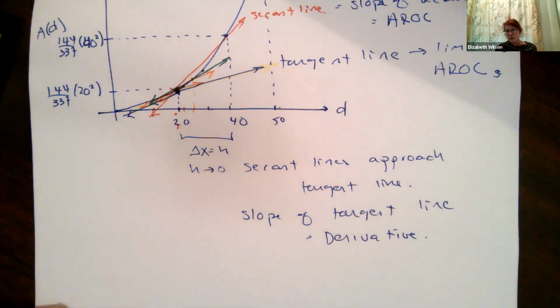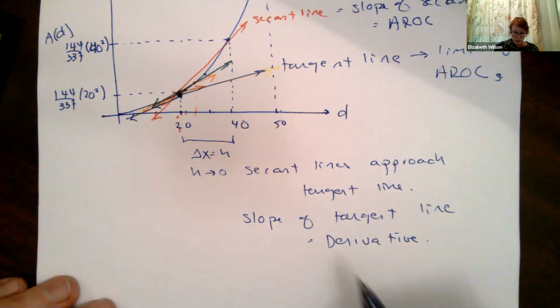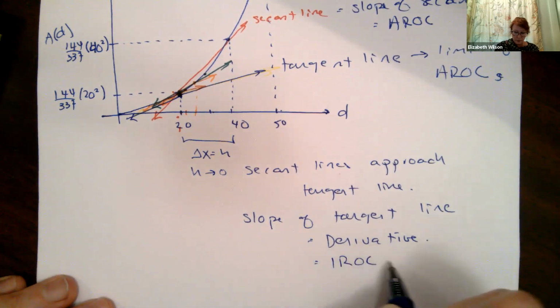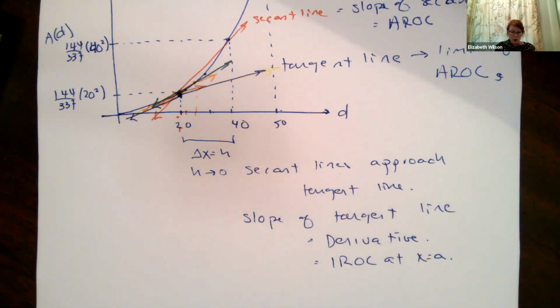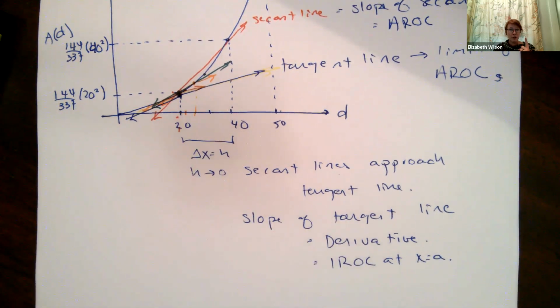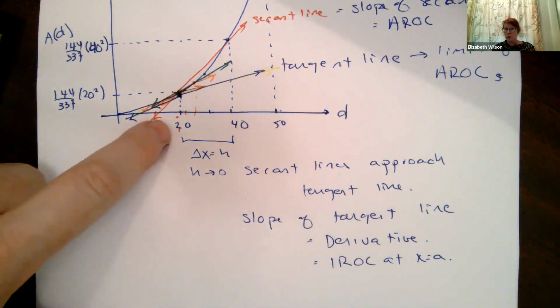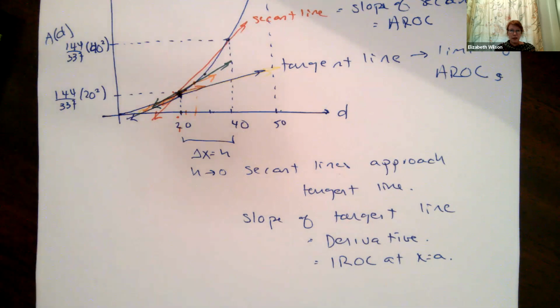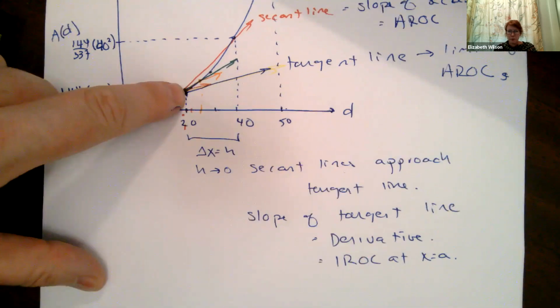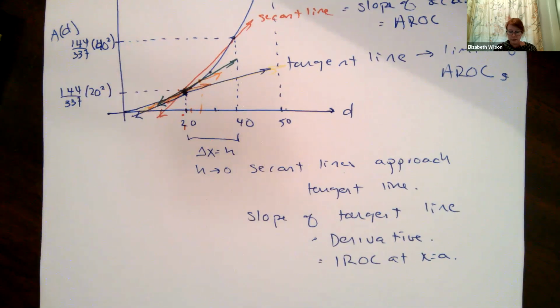Okay, and that's our instantaneous rate of change at x equals a, that particular value, right? We want to know the tangent line hits that function at only one spot, x equals 20, say, for example, right? And so when I look at the slope of that tangent line, right, it tells me what's the rate of change of my function at x equals 20, okay?